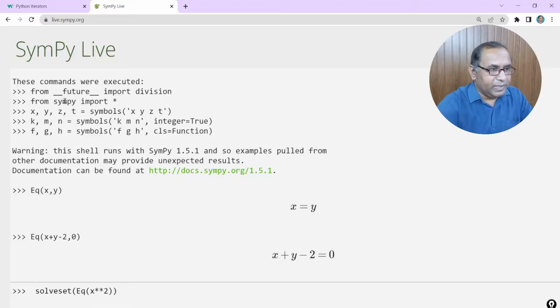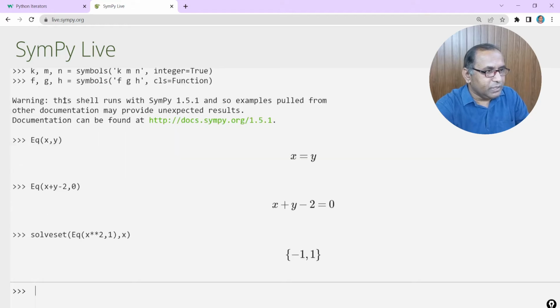Okay, x square is equal to 1, and we want to solve this equation for x. So this solveset function will return all possible solutions for the equation. Okay.